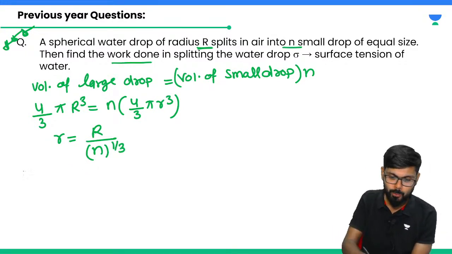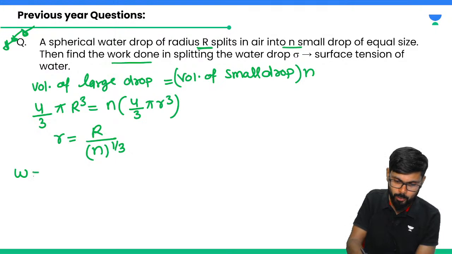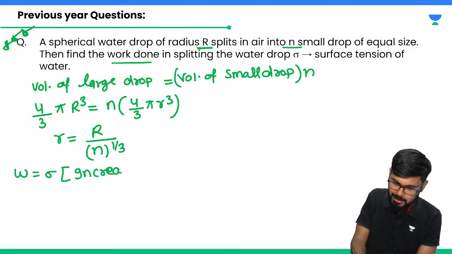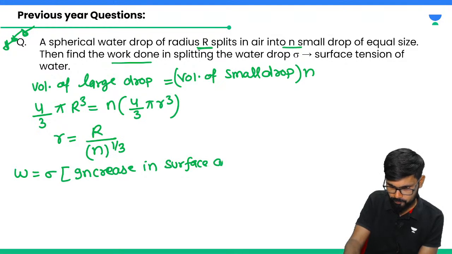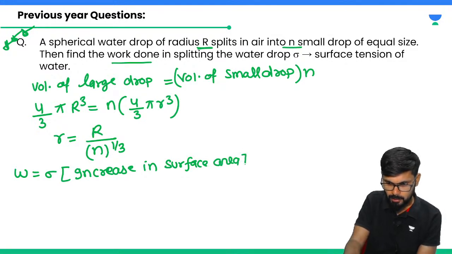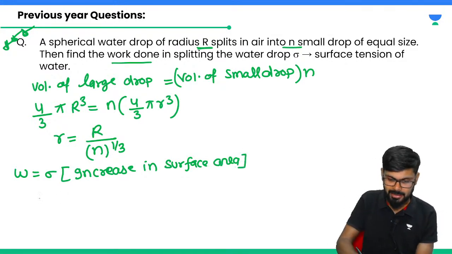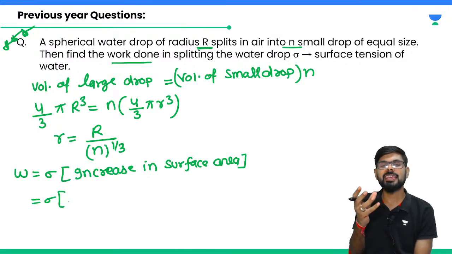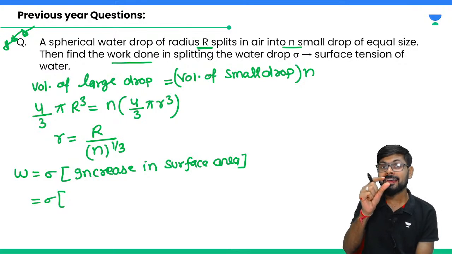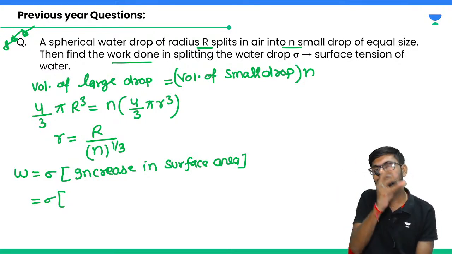Now we have to calculate the work, right? What is the work value? Work is sigma into increase in surface area. Now what is the increase in surface area, beta? First you calculate the surface area of n small drops.